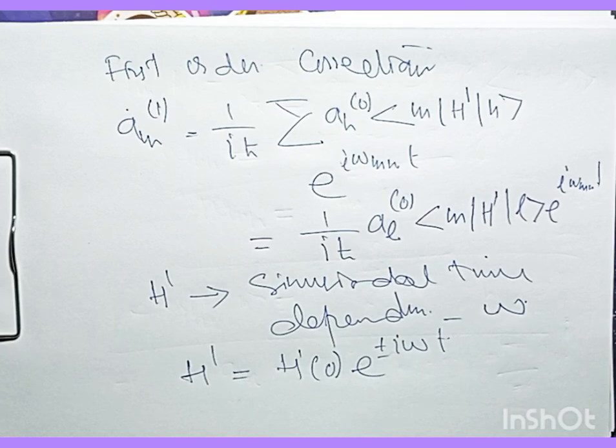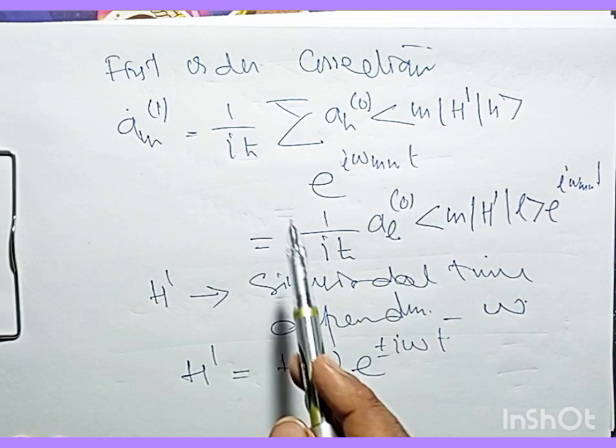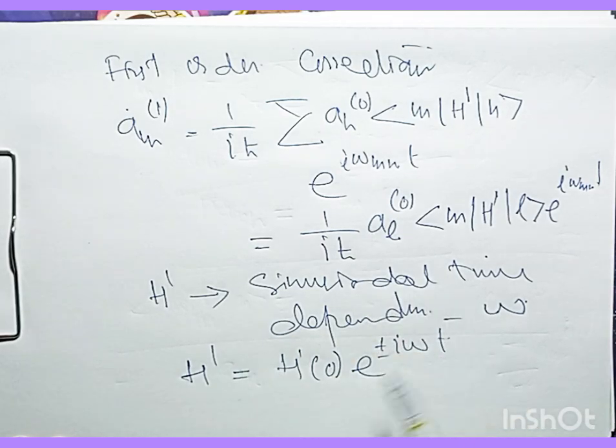And this certainly does show the explicit time dependence of the Hamiltonian, so that when we carry out the integration of this equation and do some manipulations of the terms, we obtain the probability of finding an electron in a state m.